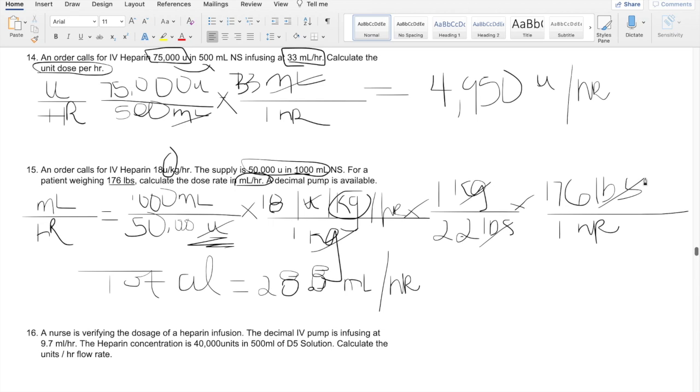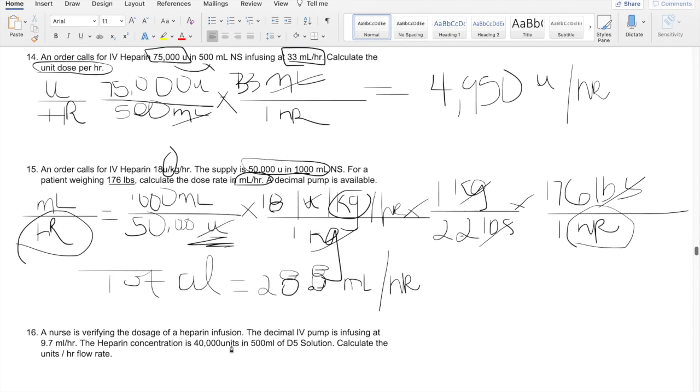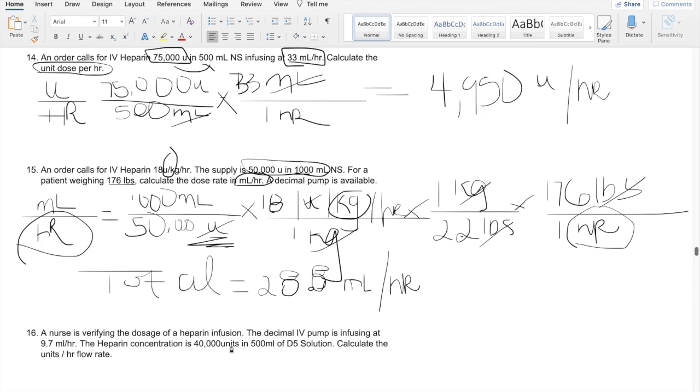And you can always go back to your problems and double check your work and see that everything crosses out, and also make sure that what the problem is asking you is what you're actually putting down on your worksheet.